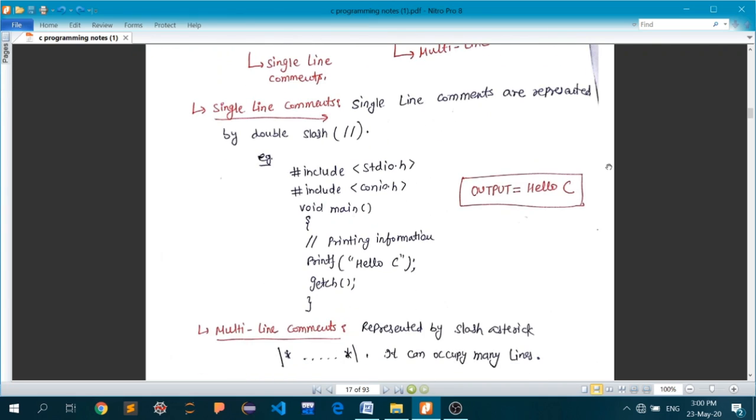If I try to insert a comment above this printf statement, the comment tells us that this particular line of code is trying to print some information, and that information is hello C. Comments are ignored by the compiler while compiling your code.